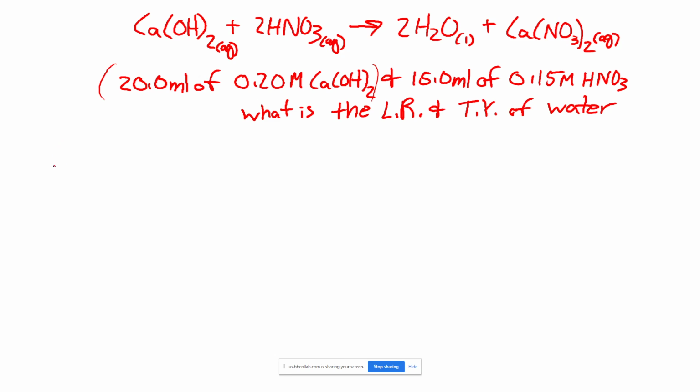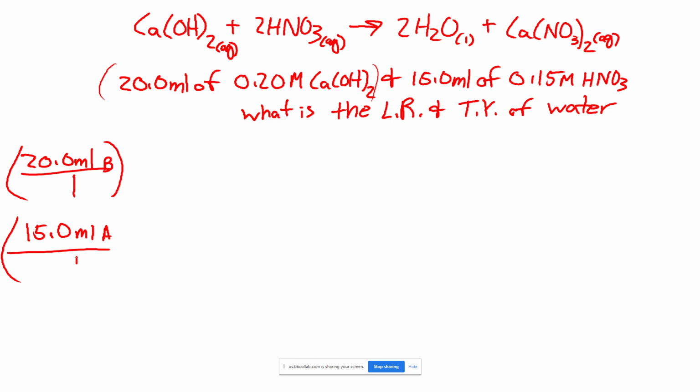So we're going to start out here with our 20 mLs of, and I'm just going to say B because it's a base, because I don't want to write out calcium hydroxide every time, and 15 mLs of the acid, which is nitric acid. So we're starting out with different volumes of two different solutions.